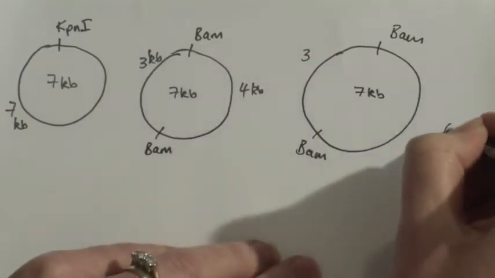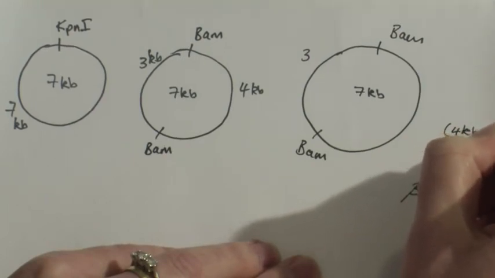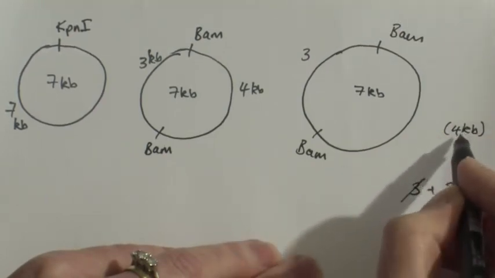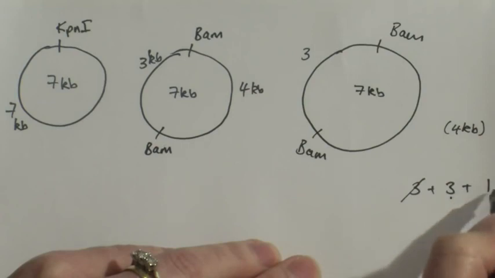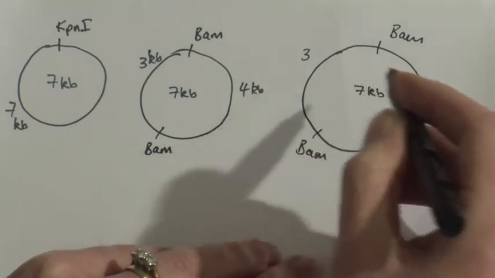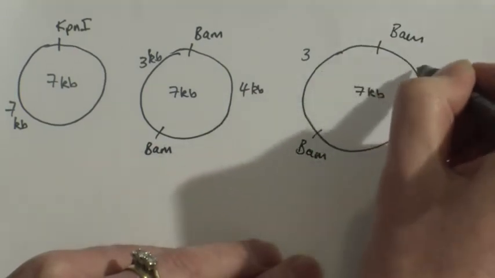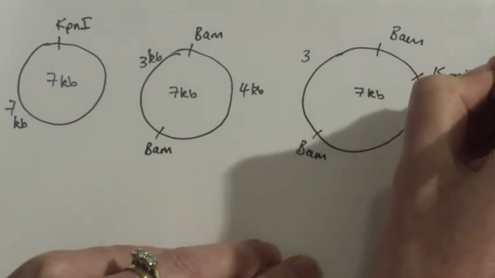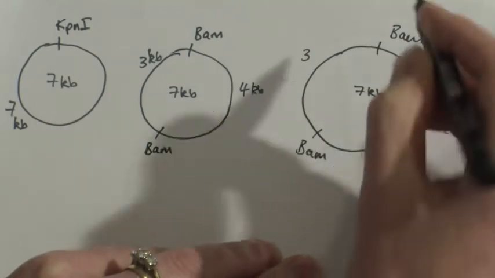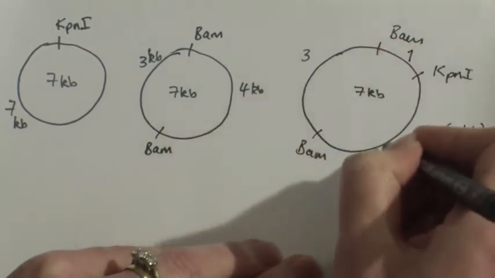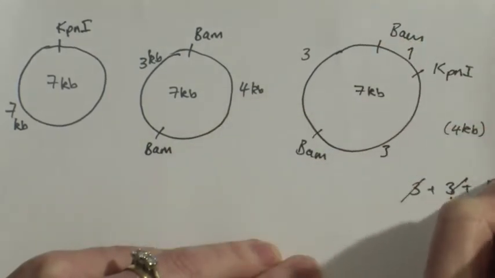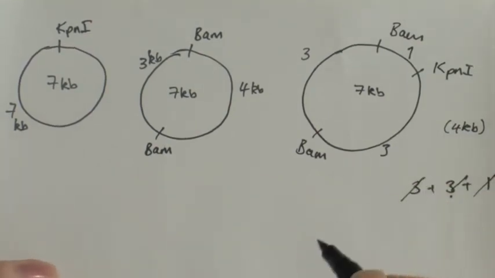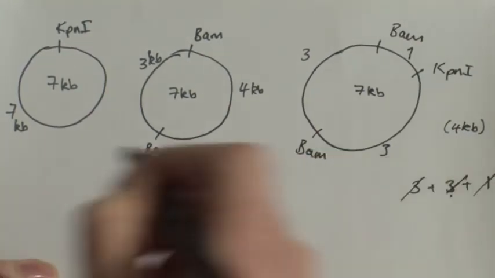What's left over here was 4 kb, and I need to split my 4 kb into a 3 kb and a 1 kb. So I can imagine that my KpnI cuts here, splitting this 4 into a 1 and a 3. And that's all the bands I saw on the gel resolved.